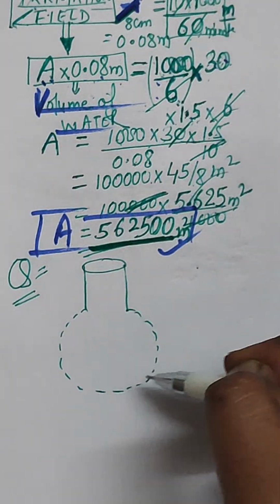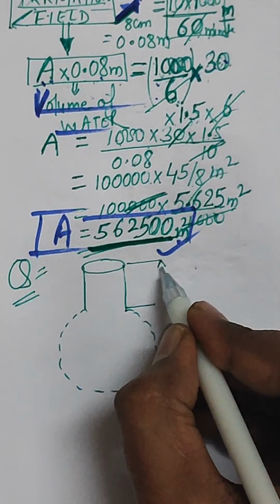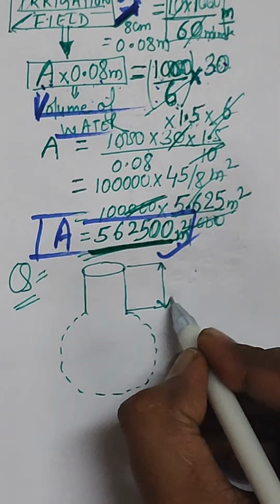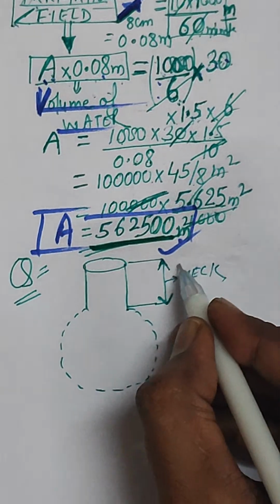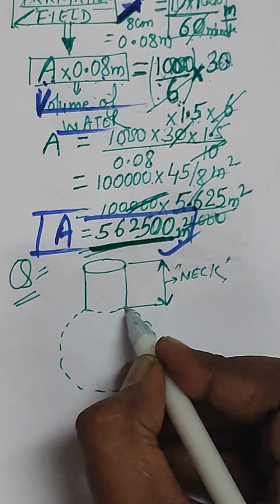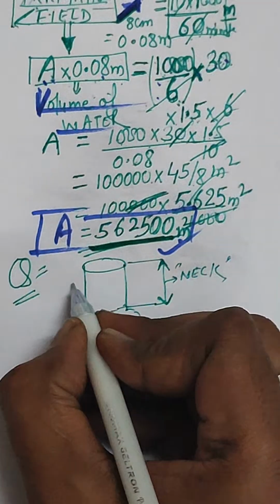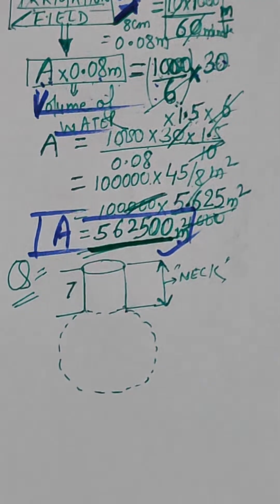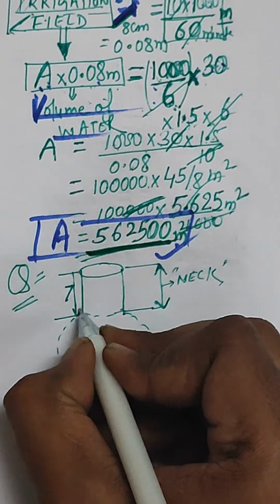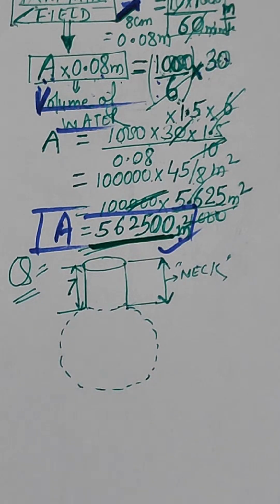So here a spherical glass vessel has a cylindrical neck. So this is the portion of neck, which is in the shape of a cylinder. You can see a cylindrical neck, right? Now here it's 7 centimeter long. So 7 centimeter is the height of this neck. And 4 centimeter is the diameter.